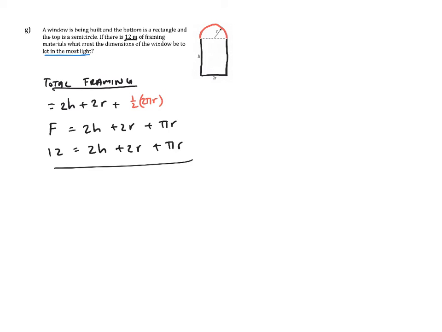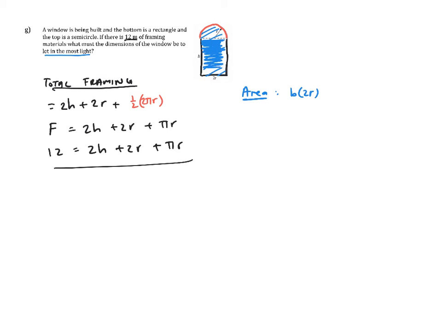To let in the most light, of course, the greater the area of the window, the more light will come in, right? So please don't try to work out the volume of the window now. That will not be necessary. So if we want our equation with optimized area, it's going to be the area of the rectangle, so that is the base times the 2r. Do you follow? So it's that part there.